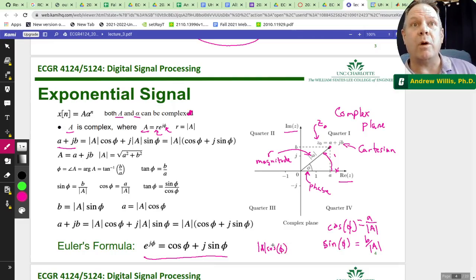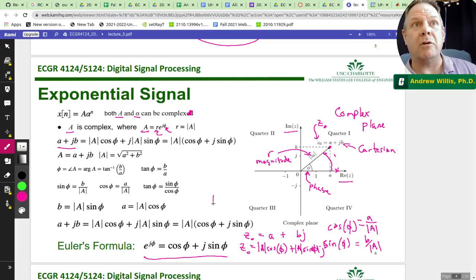This quantity here is equal to a. And then we can say plus magnitude of a times sine of phi. That's equal to the quantity b. So if we do j times that, we have a plus j times b. And so they're both a way of writing down the coordinate z naught.